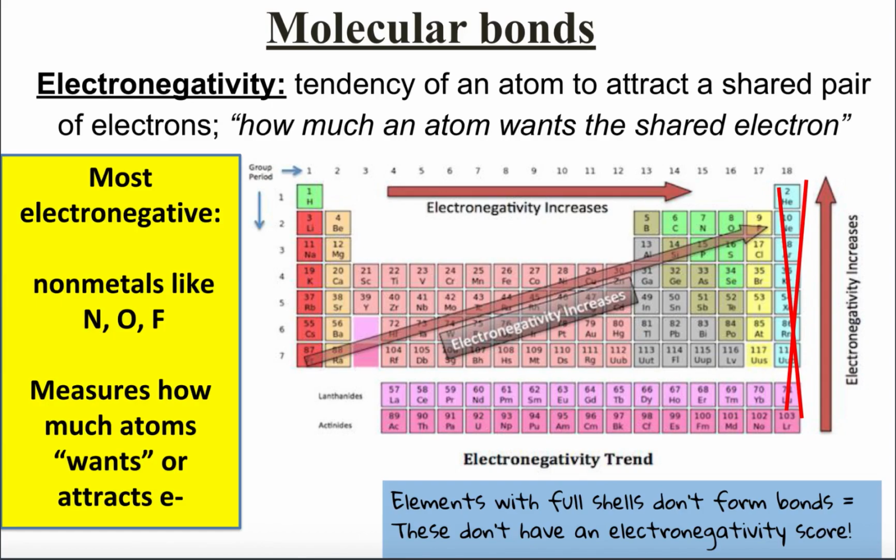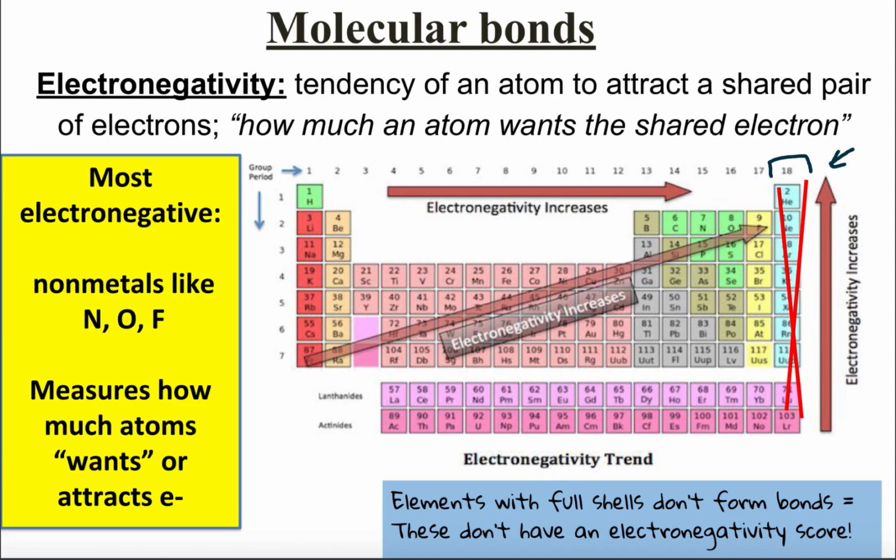So essentially, it's how much an atom wants a shared electron. Now, you're going to notice this last column has a cross out here because this last column typically doesn't have electronegativity numbers, because these atoms over here on the last one typically have full valence shells. So they don't need to attract any electrons. So as a result, there's no measurement, no number that we have for them to measure how much they want to drag electrons towards themselves.